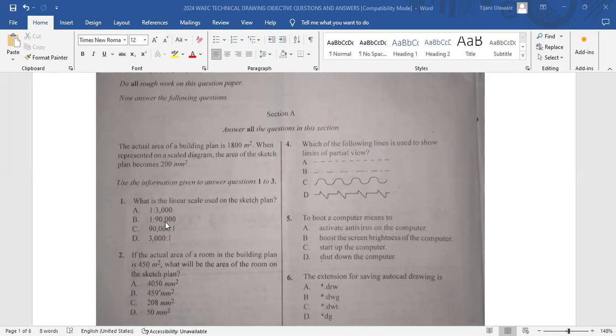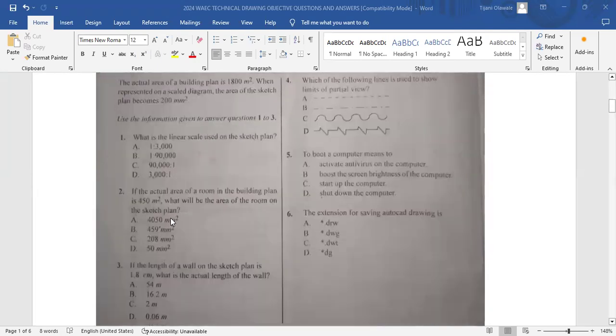The answer to this question is option B, 1:90,000. But we have something to say about this question, but I'll just pick that as my answer. So option B is the correct answer. Question 2 says that if the actual area of a room in the building plan is 450 meters squared, what will be the area of the room on the sketch plan?